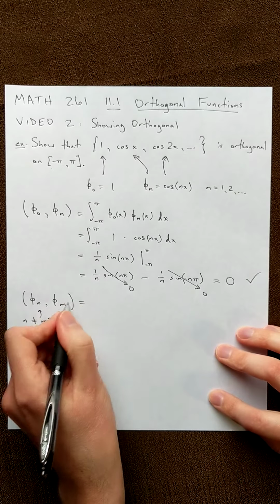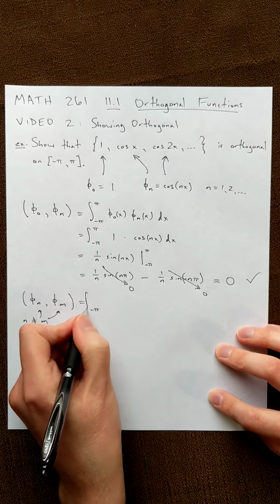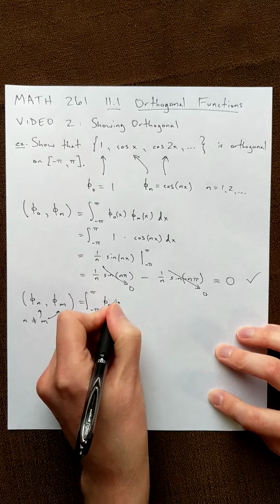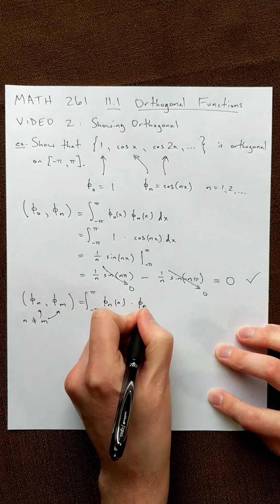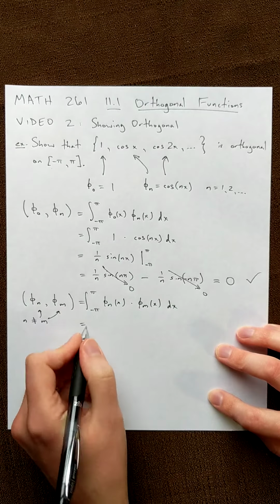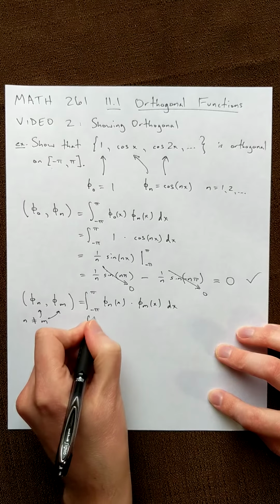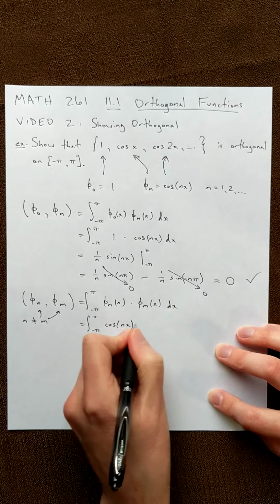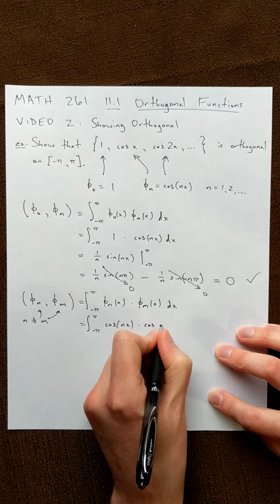Again, it's the definite integral of the product of these two: phi n of x times phi m of x dx. Let's substitute what these are. Phi n is cosine nx. Phi m is cosine mx.